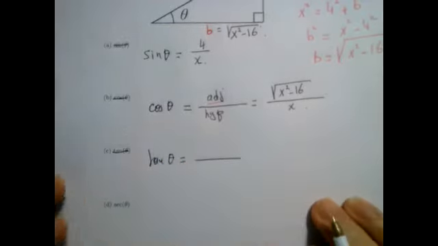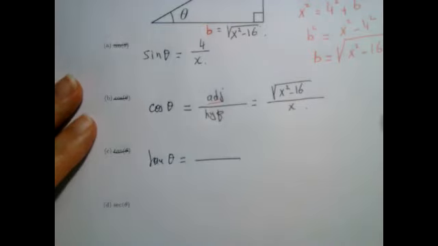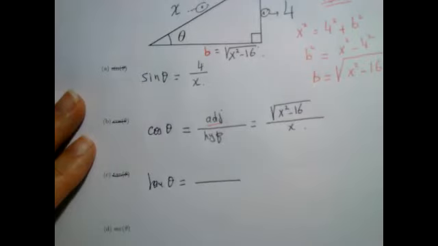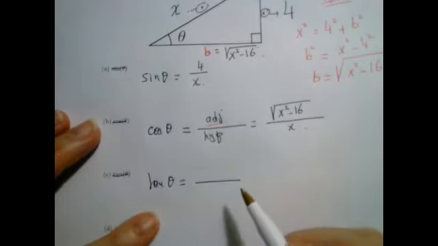So I'm working in a right triangle. What's the tangent quickly? Please, any of you speak up. Don't make me call on you. I don't like that, but you're forcing me. What is the tangent? Wouldn't it be 4 over the square root of x squared minus 16?